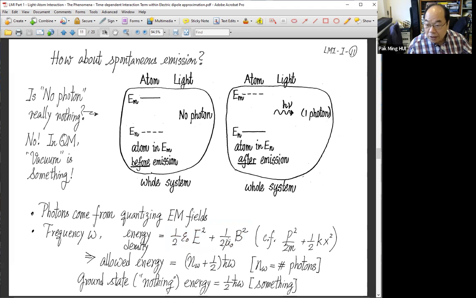And in oscillator physics, the most important result is the energy levels, evenly spaced h bar omega, and there's a zero-point energy. The zero-point energy is always there even for the ground state. Therefore, vacuum, as we see it, is the ground state of the EM field. And therefore, nothing is really something.